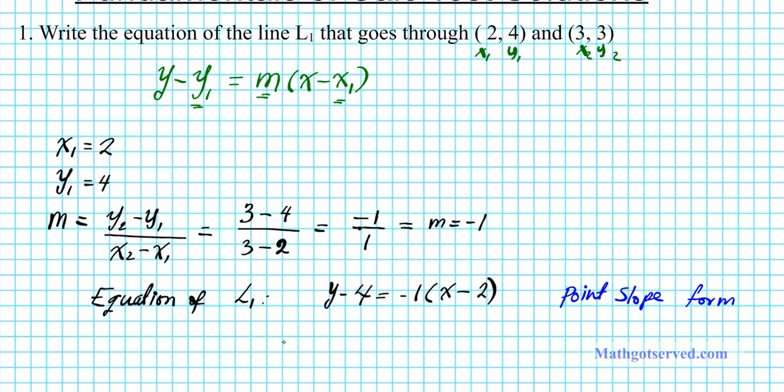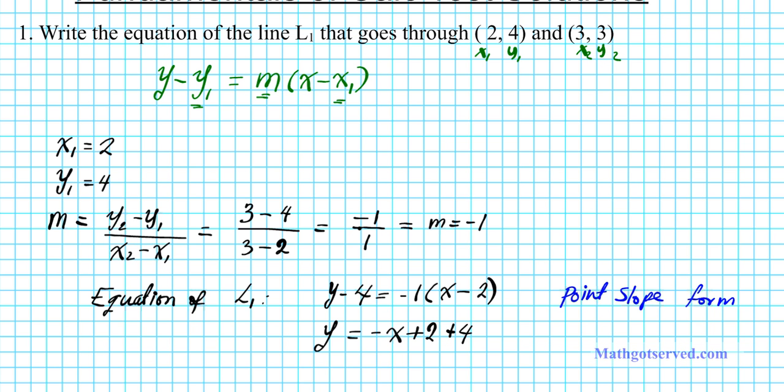If we desire to write this in slope-intercept form, we basically multiply negative 1 to both sides and add 4. That yields y equals negative x, minus 1 times minus 2 is plus 2, so we have plus 2, and then we add 4 to that.